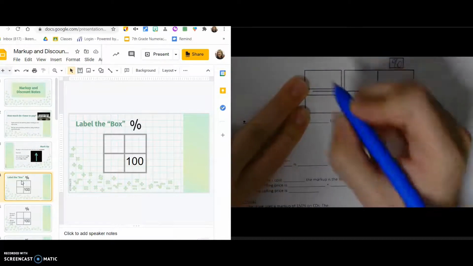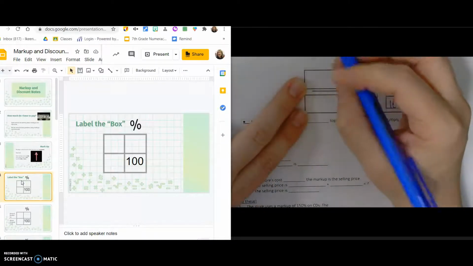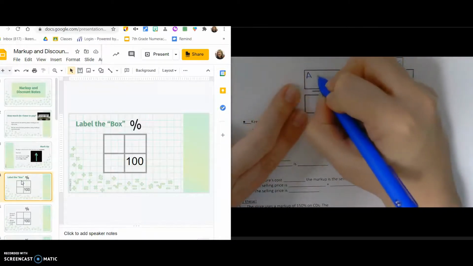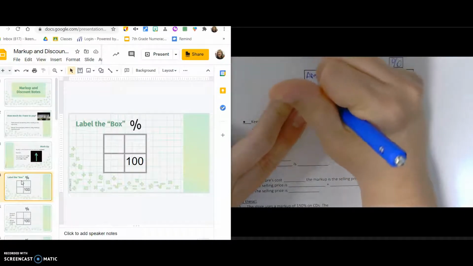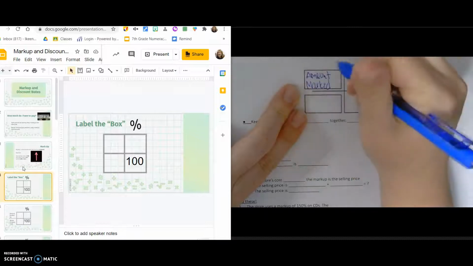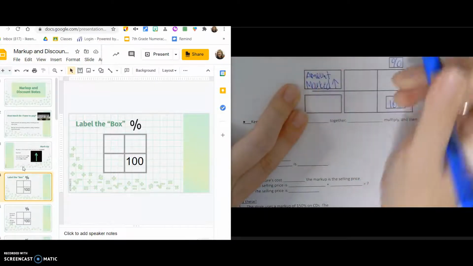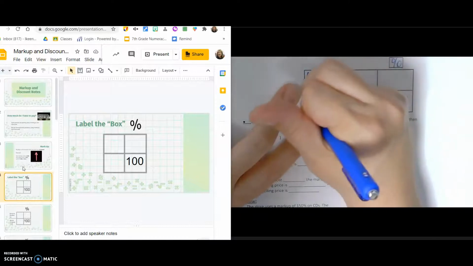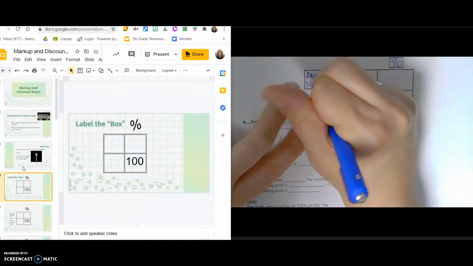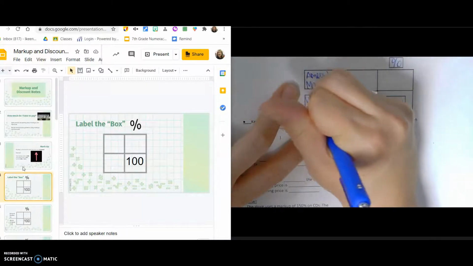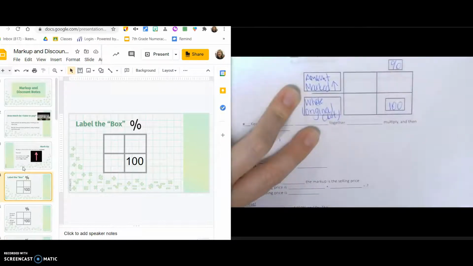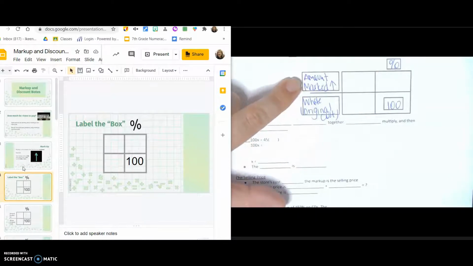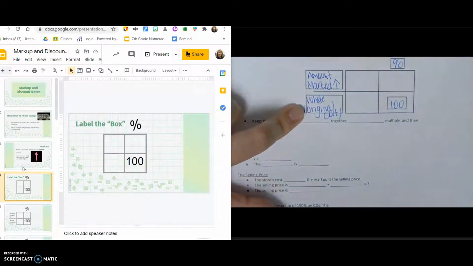So for this, it's going to be the amount marked, and that's the markup. And then we have the whole, which we're going to consider the original cost. So two things: the amount that was marked up, and the whole, which is the original cost, okay?